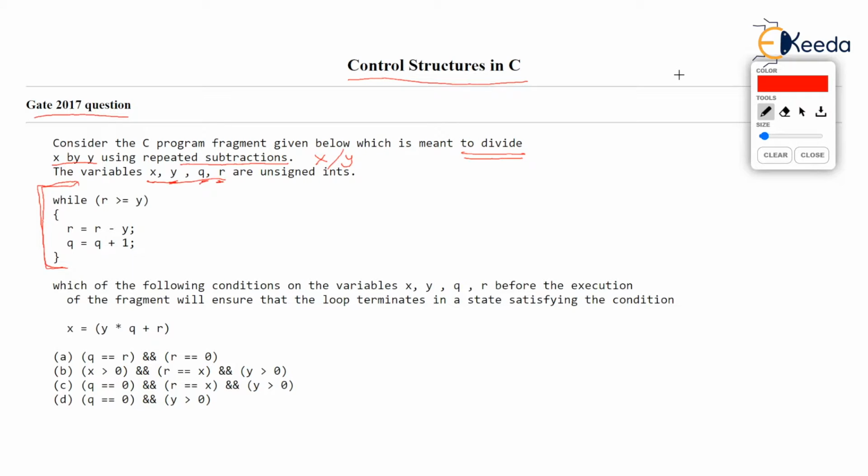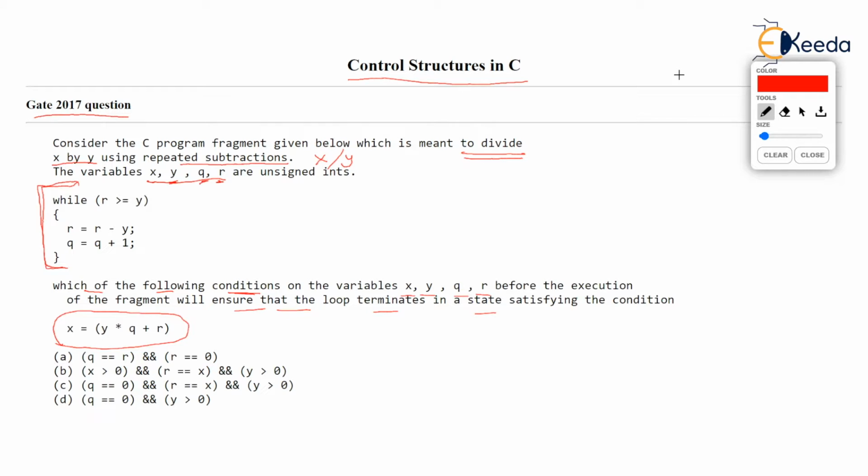Now the question asked is which of the following conditions on the variables x, y, q, r before the execution of the fragment will ensure that the loop terminates in a state satisfying the condition. Now, this is the condition that should be satisfied after this while loop ends.